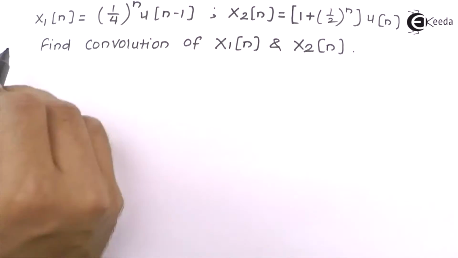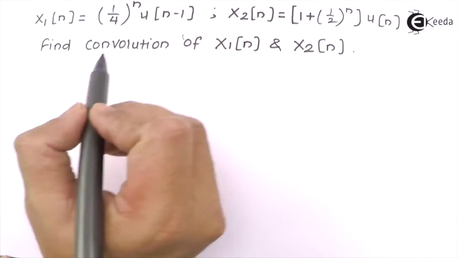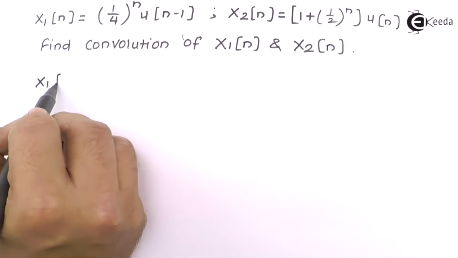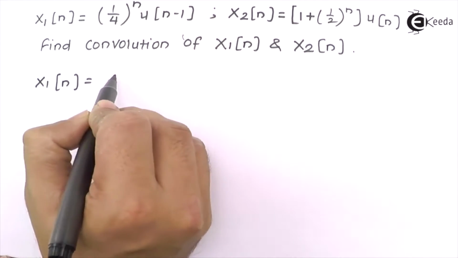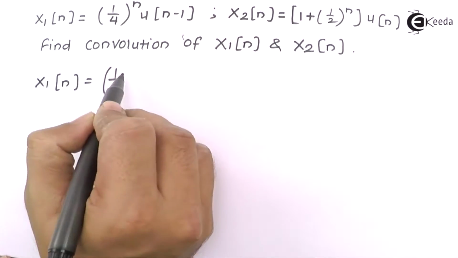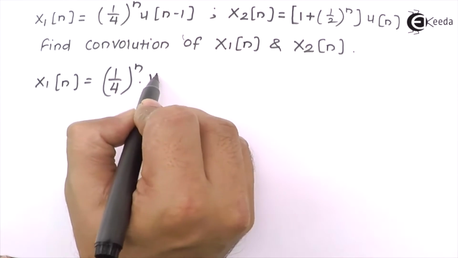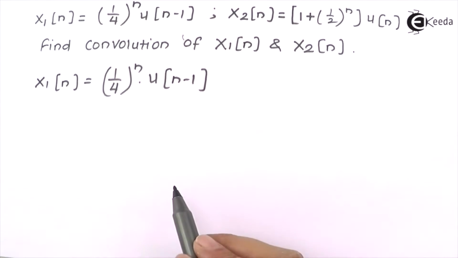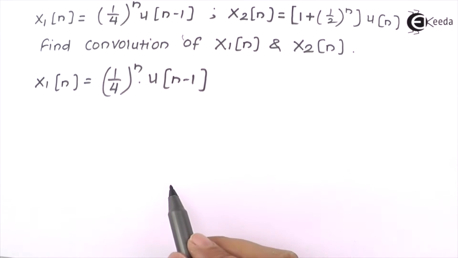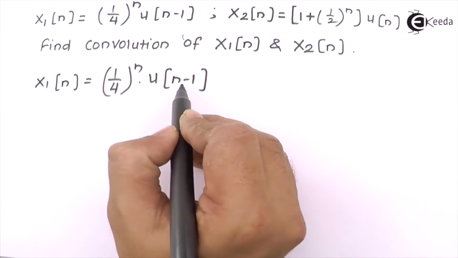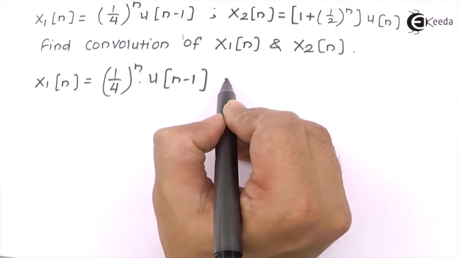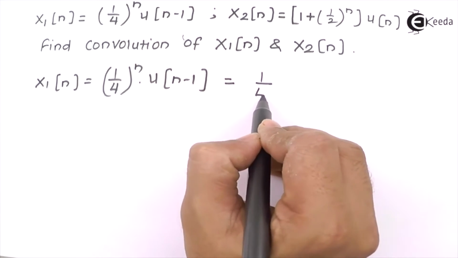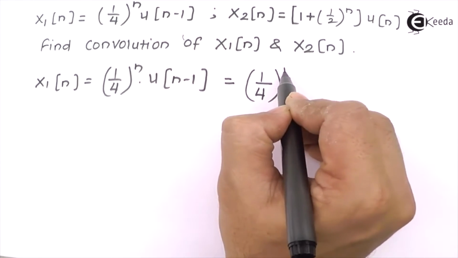So we'll first concentrate on the first signal, that is x1 of n. Along with the convolution property, here we have to use a shifting property as well, because here we have n minus 1 and n. So I'm adjusting n minus 1 like this.